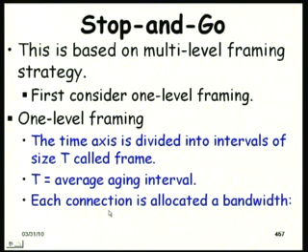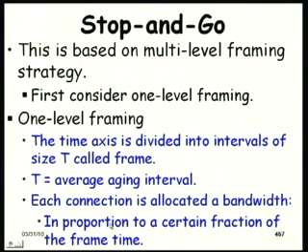Now, each connection is allocated a bandwidth in proportion to a certain fraction of the frame time. So, there are different connections for a link. Now, the link has certain bandwidth which will be distributed among all these different flows or connections.